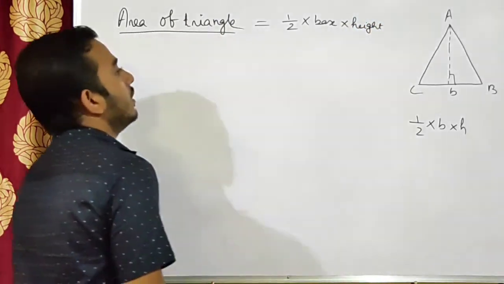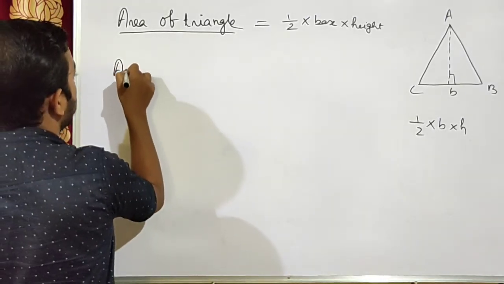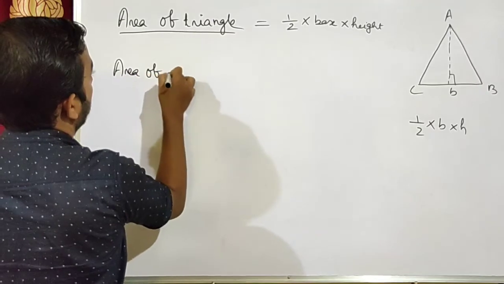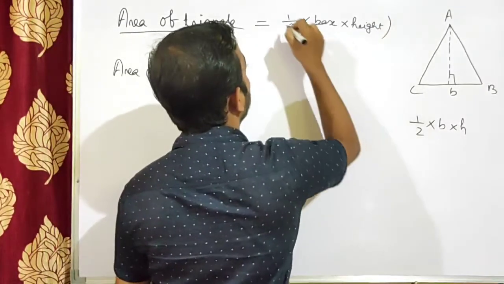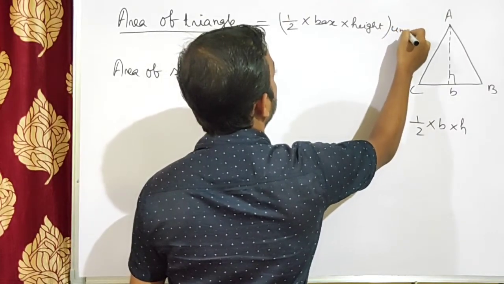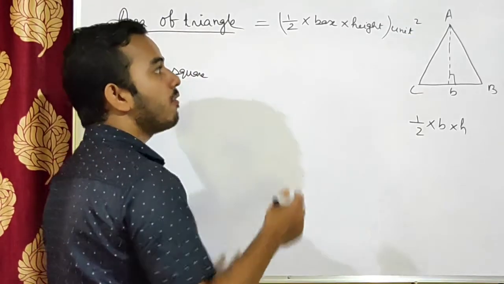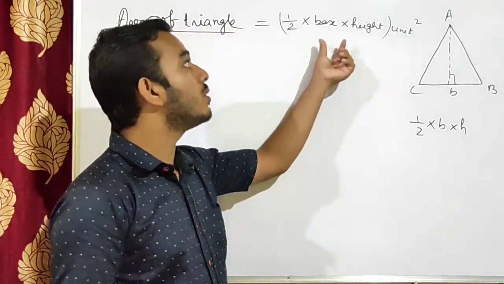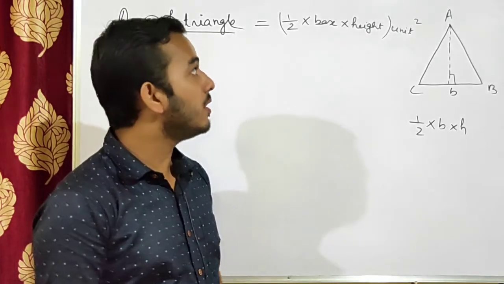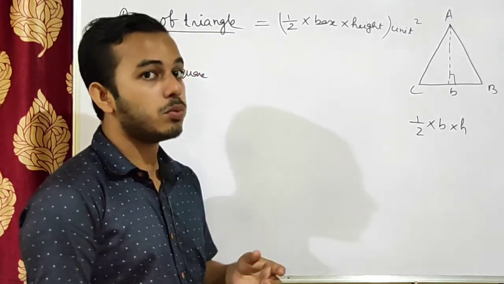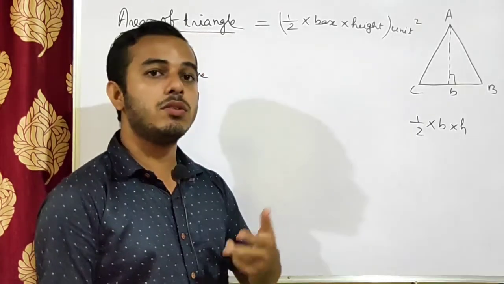Now next is area of square. Its unit will be what? Its unit is square. Whatever the unit is, it will be in square form. Why? Because in this case we have multiplied two measurements, one is base, another is height. For example, base is 2 centimeter, height is 3 centimeter.